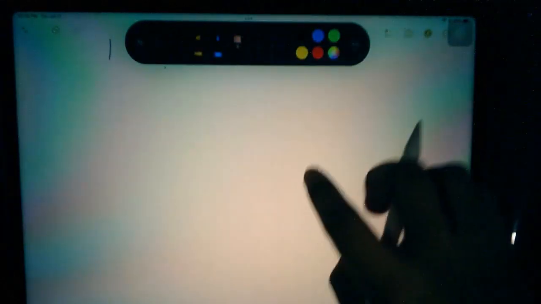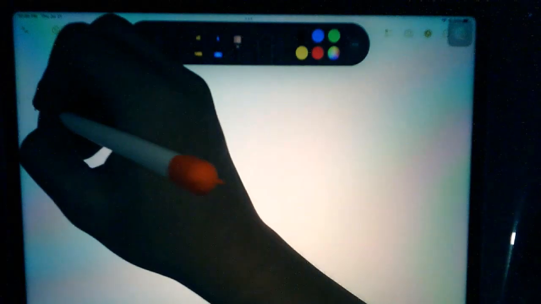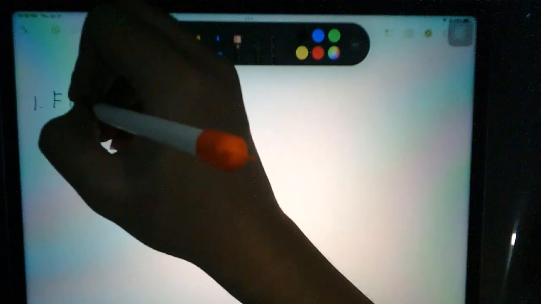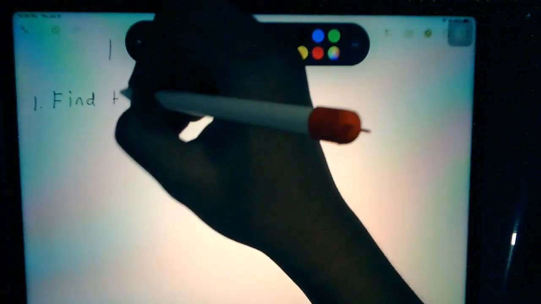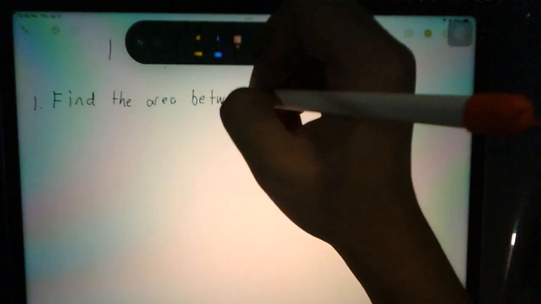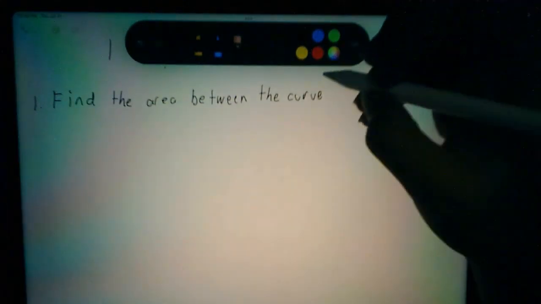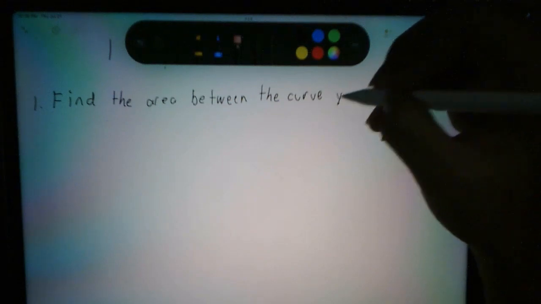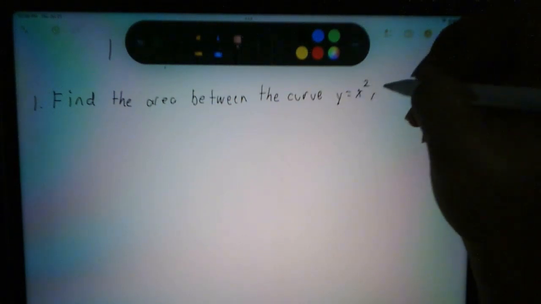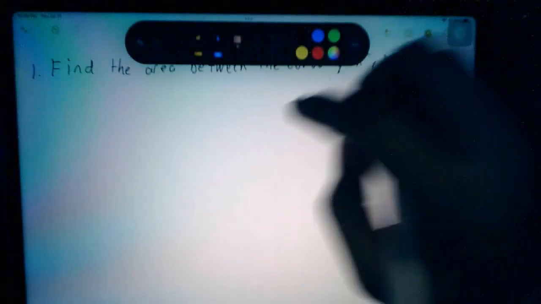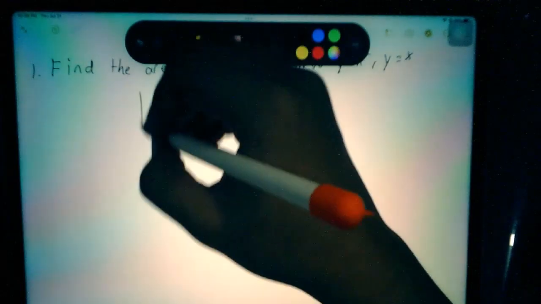So now let's have our first example. Find the area between the curves y equals x squared and y equals x. Let me first illustrate it here.